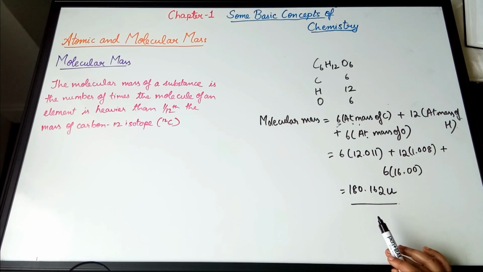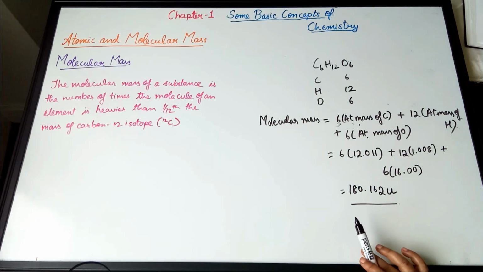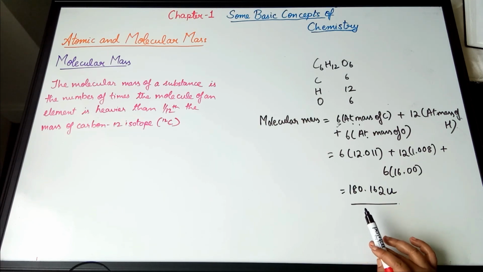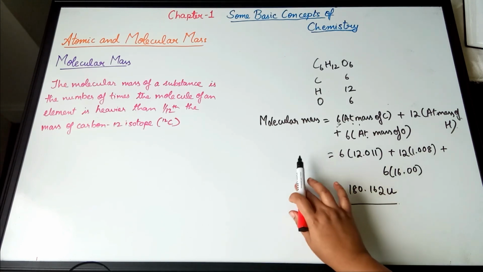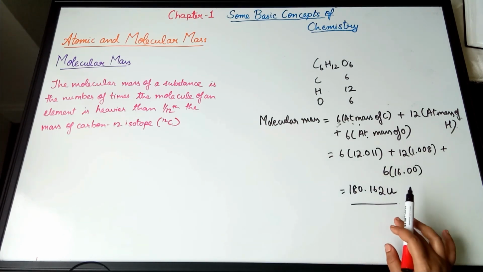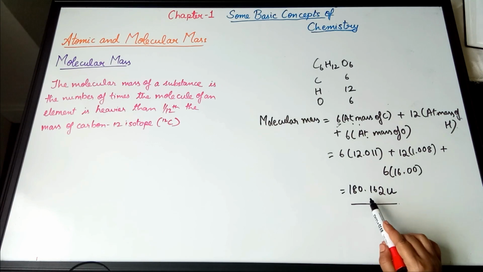Similar to the gram atomic mass, you have something called gram molecular mass. The gram molecular mass would be the molecular mass of that element, or sorry, of that compound or molecule in grams. So the gram molecular mass of C6H12O6 will be 180.162 grams.